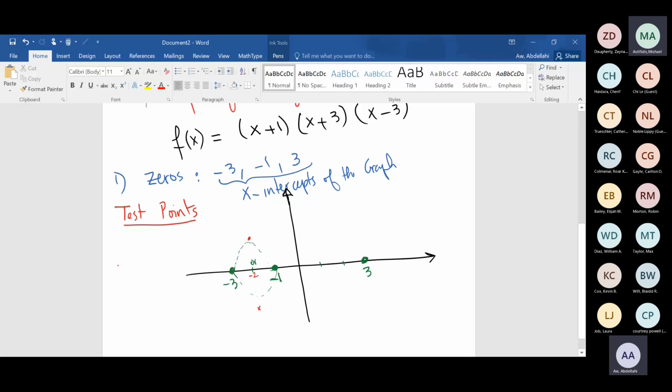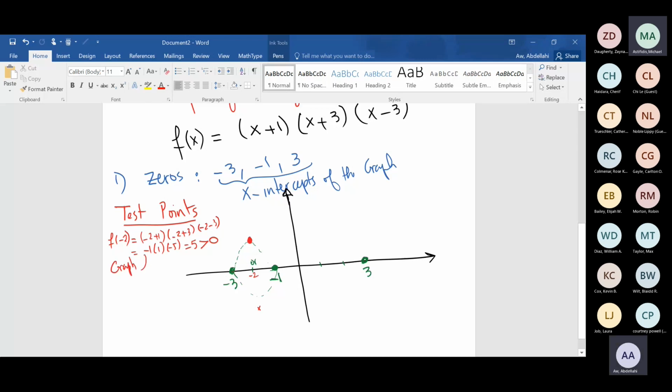What I'm going to do is plug in that number here. I'm going to find f of negative 2, right? I'm going to plug in negative 2 everywhere. It's going to be negative 2 plus 1 times negative 2 plus 3 times negative 2 minus 3. I'm going to see how much this gives me. It's negative 1 times the negative 5, which is 5, right? 5 is positive. So I have 1 point above here. If I have 1 point above, it means what?